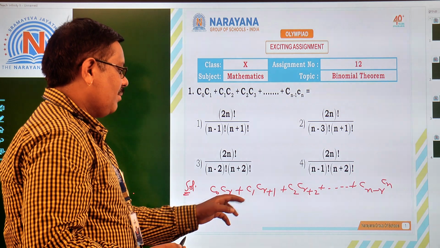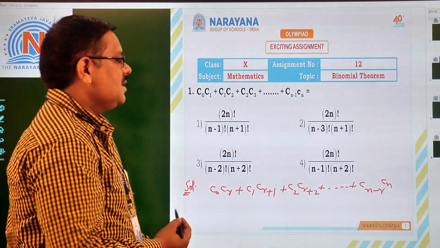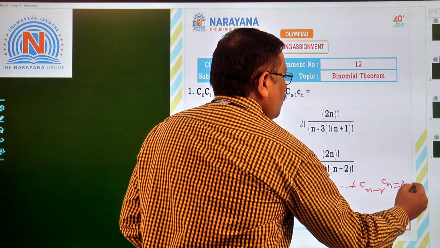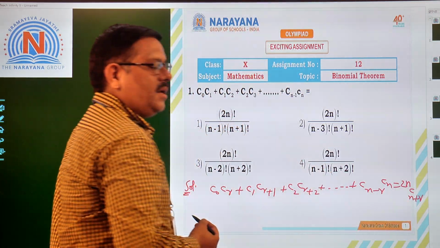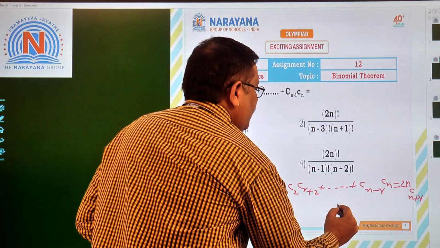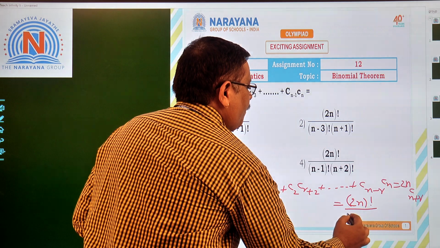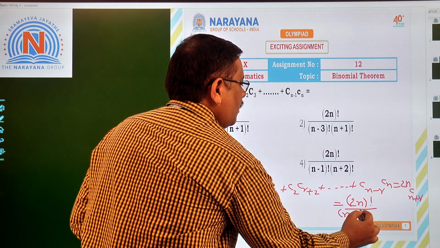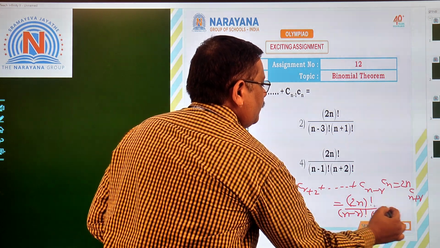That you can write as 2n C n plus r, or you can write the same as 2n C n minus r also. Otherwise we can write it as 2n factorial by n minus r factorial times of n plus r factorial.